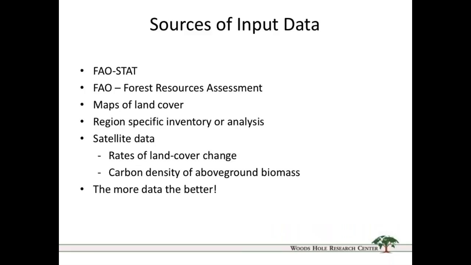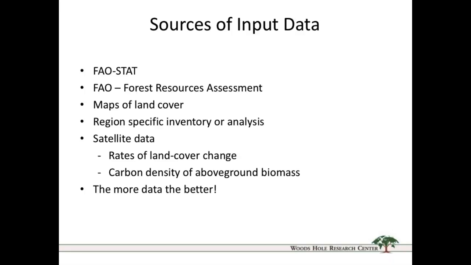The sources of information we generally use and have used in this case include international statistics such as data from the FAOSTAT, or from the Forest Resources Assessment. And those tell us about changes in land use, the area in forest, in agriculture, and the changes in those areas. We use maps just to help identify what kind of land is converted when it's converted to agriculture.